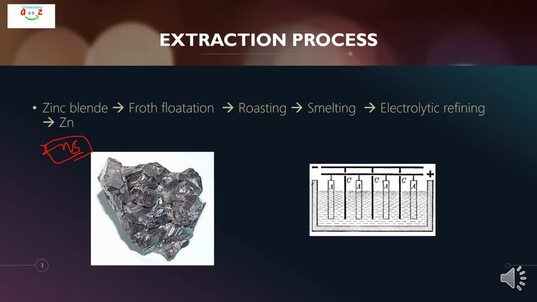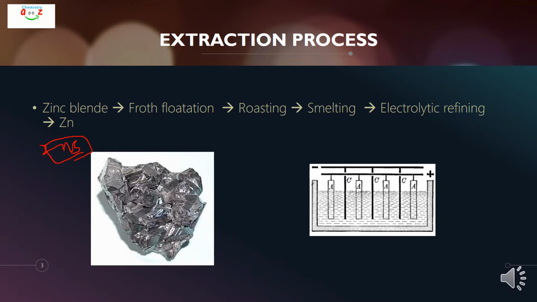Students, one more time let us recollect the froth flotation method. In the froth flotation method we are adding pine oil or some oil like cresol or aniline as a froth stabilizer, and fatty acid or xanthate or pine oil as a froth former.